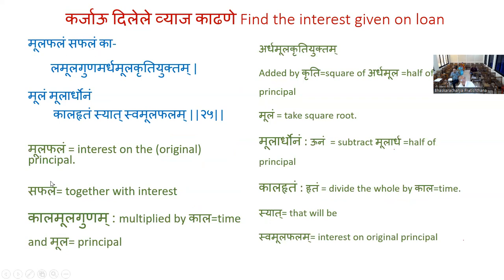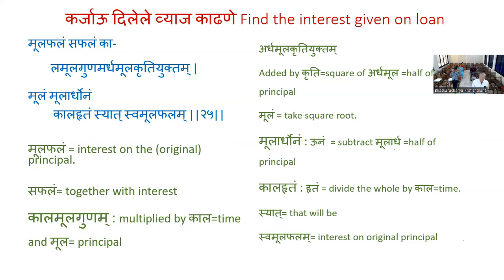Moola Phalam, Saphalam. So, interest on the original principal, and Saphalam is together with the interest. So Mula Phalam means first of all, like on 100 you are having 10 as interest for 1 year.